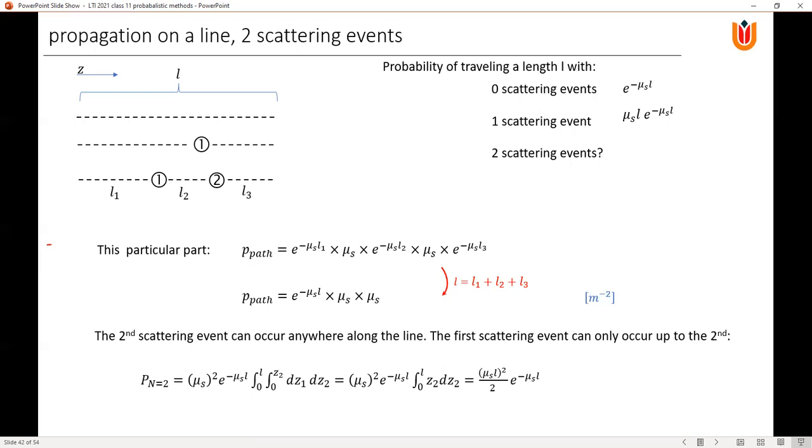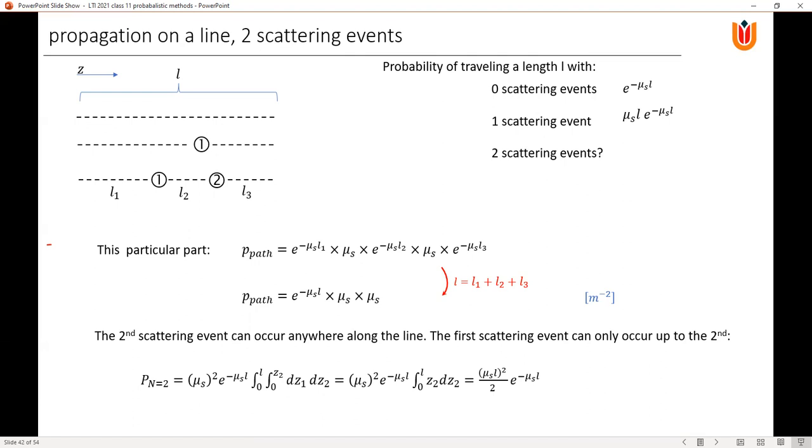So we factor out all these prefactors. They do not depend on the coordinate. The outer integral runs from 0 to L for the second scattering event, and the inner integral, the first scattering event, runs from 0 to the position of the second scattering. So if we first do the inner integral, the result would be Z2.